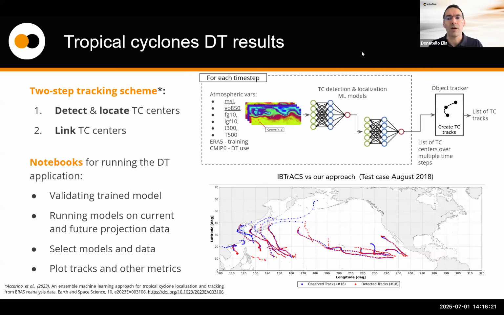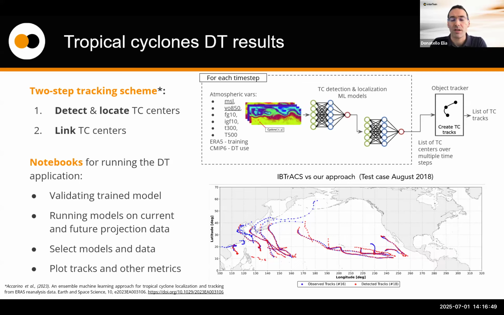In this slide, we can see in the upper part the algorithm which is being used by the tropical cyclone application. We already described this in a first publication from a couple of years ago, but in the meantime, the algorithm has been improved. This is a two-step algorithm. In the first part, one or multiple models can be used to detect and locate the tropical cyclone centers.